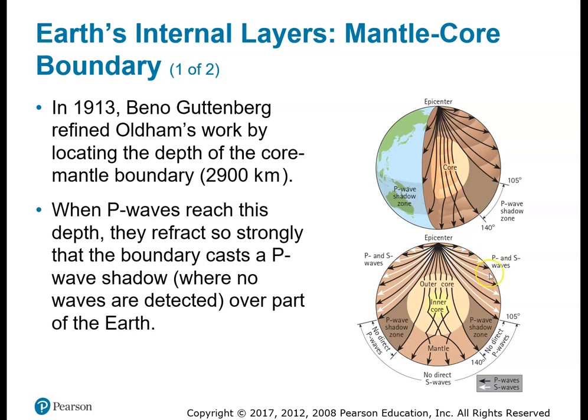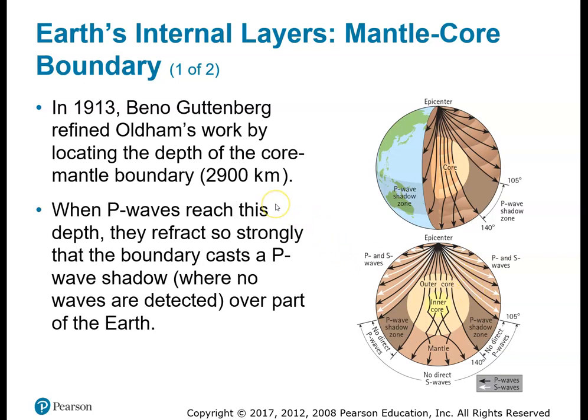Imagine the epicenter was over here. On the other side, you'll see 105 degrees to 140 degrees where you don't see any P waves, and that's because they're in this shadow, because there's a refraction going on.